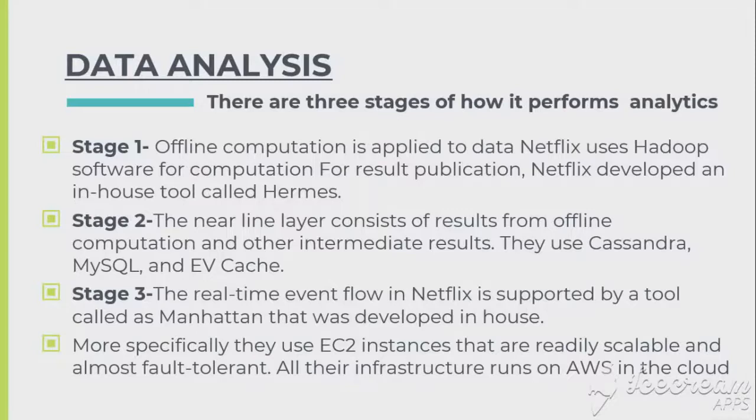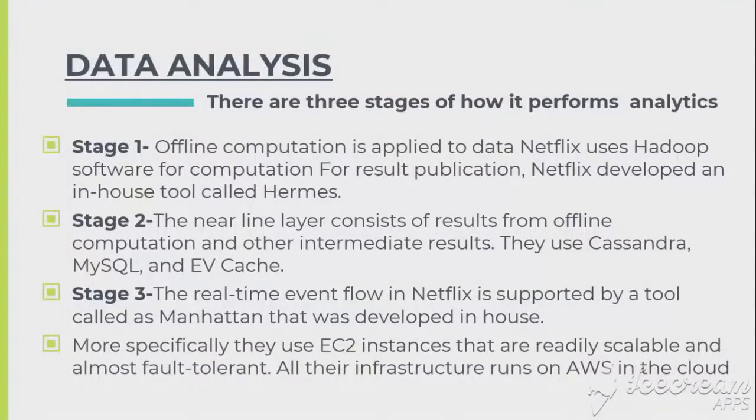Stage 2, the nearline layer consists of results from offline computation and other intermediate results. They use MySQL, etc. At stage 3, the real-time event flow in Netflix is supported by a tool that was developed in-house. More specifically, they use EC2 instances.